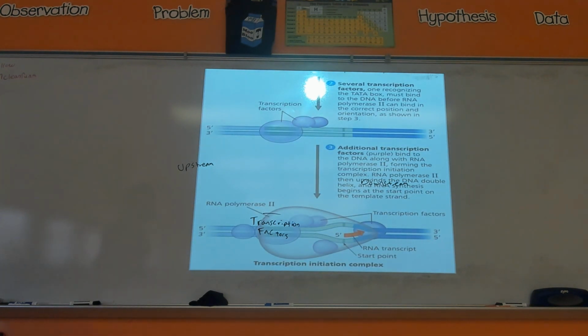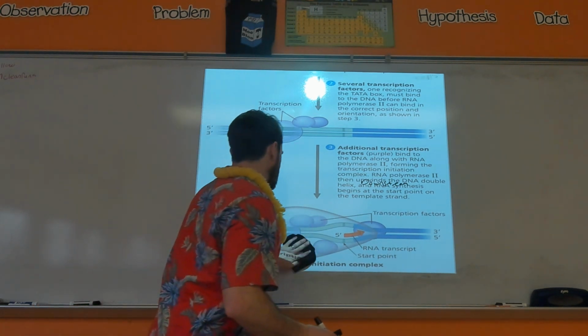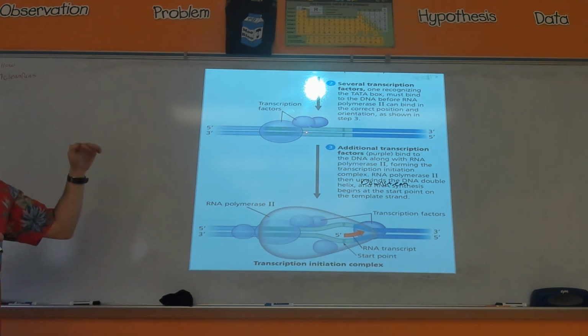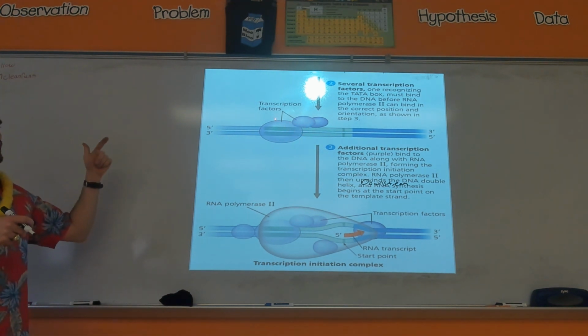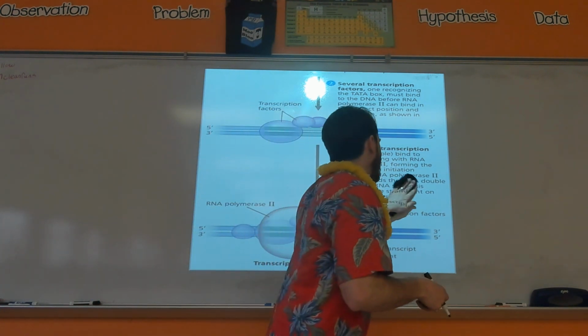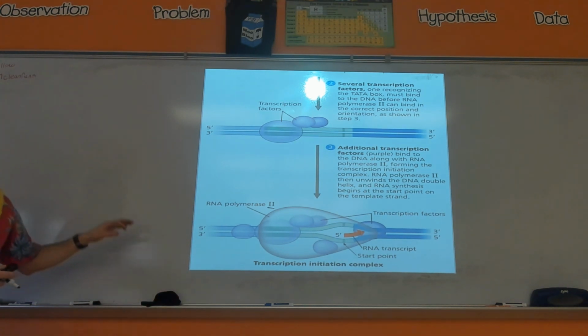Anyways, okay, here are your transcription factors. So, as I said in the last slide, it's a little more complicated than just RNA polymerase binds and does its thing. You actually need to have other proteins that bind to the TATA box, these transcription factors. They then can recruit the RNA polymerase, and we actually call it RNA polymerase 2, to be specific. That'll bind to the transcription factors, and then you start getting that RNA transcript.